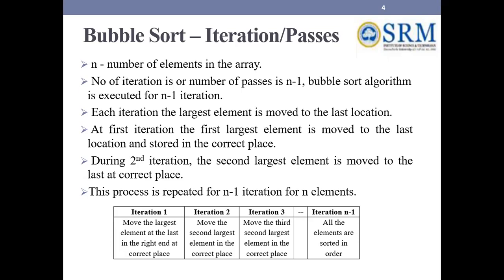This process is repeated for n minus 1 iterations. After n minus 1 iterations, the input array contains the elements in ascending order. So that is called bubble sort. Here n is the number of elements, with n minus 1 iterations or passes. At each iteration, the largest element is moved to the right and so on.